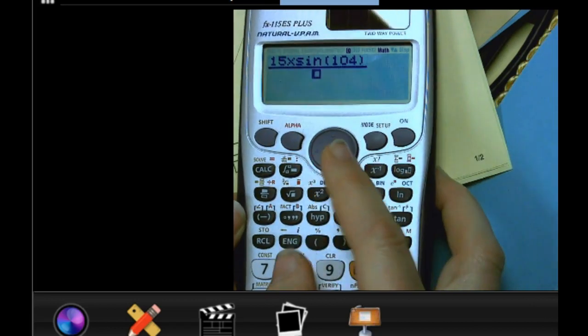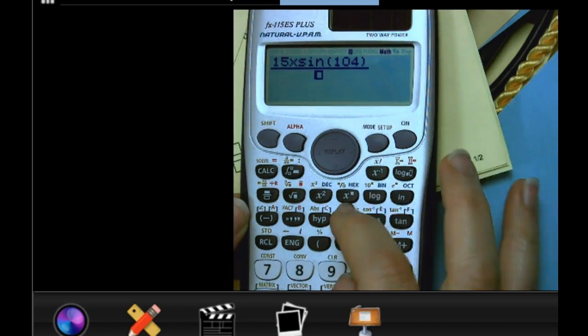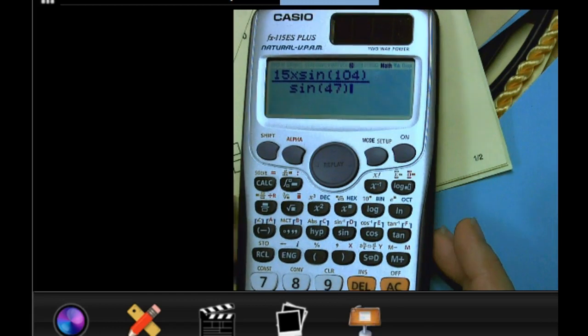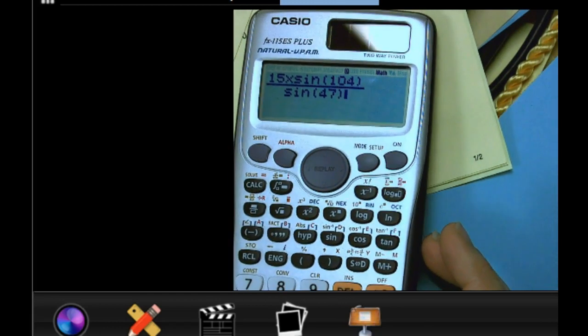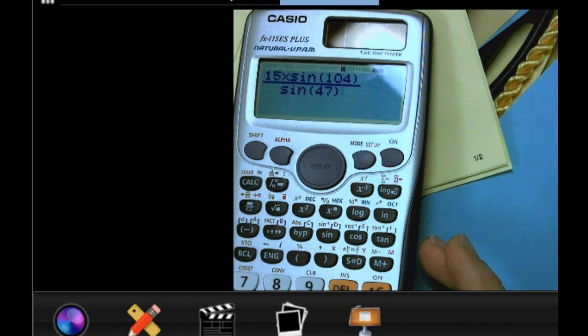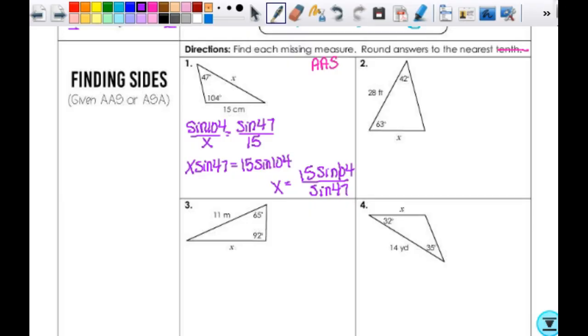Then I arrow down to get into the denominator, and I type in the sine of 47, and close my parentheses. I actually didn't have to do 15 times the sine, I could have just stuck them together, but that's what I have on my paper. Then I hit equals and get my answer. So make sure that you can do that. And what you get in the end is that x is equal to 19.901 centimeters.